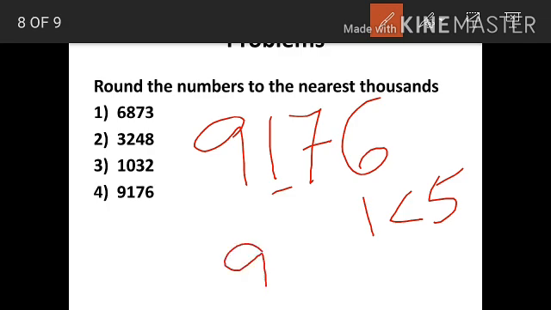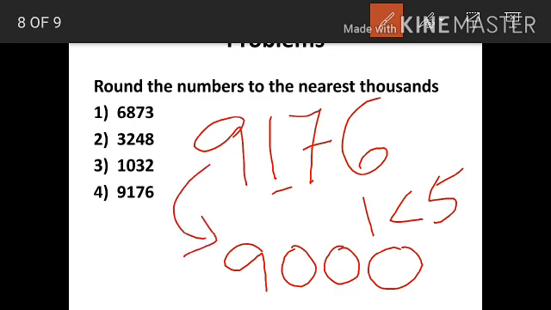So we'll put 9 there itself. And what about the rest of the digits? It will become 0. So we get the answer as 9,000. So when we are rounding 9,176 to the nearest thousands, we get the answer as 9,000.